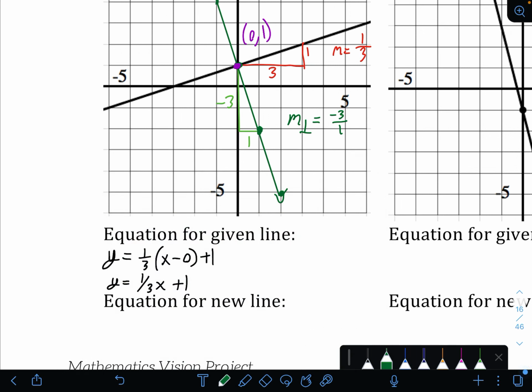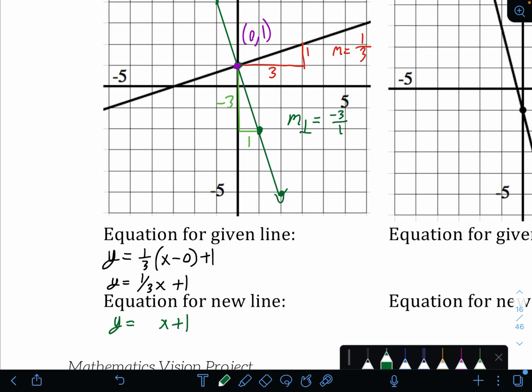Let's go ahead and work on the green line now. So the green line has a slightly different slope, same point though. You might notice that all of this is the point, so the slope is the only thing that changes. So that's all I'm going to do here. I'm going to just write that equation, y is equal to x plus 1, because all that other stuff is just going to be canceled out, and I'm just going to change the slope.